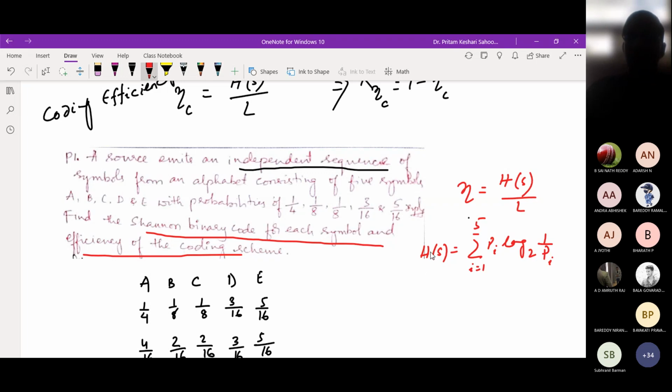This will give us the average information. And to calculate the average length of the code word, you take the summation i equal to 1 to 5 of pi into small li. So these formulas we will use to calculate the code efficiency.